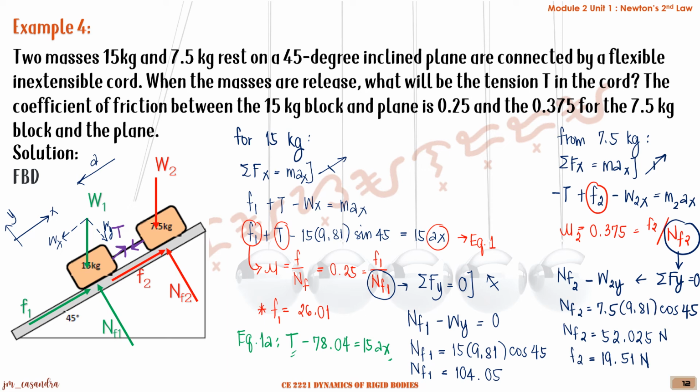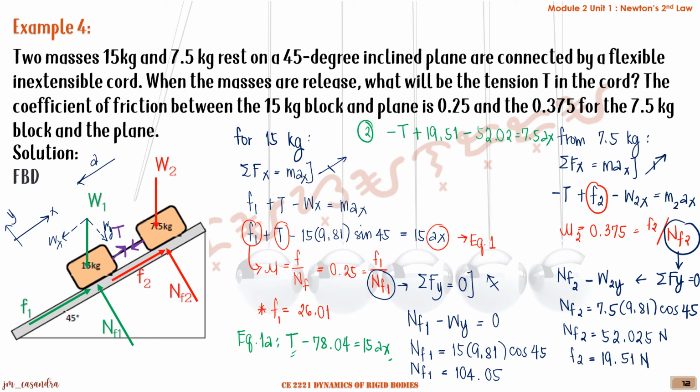So we now have negative T plus 19.51 minus W2x, which is 7.5 times 9.8 sine of 45, is equal to 52.02. And that's equal to m2, which is 7.5 ax. So this is equation 2.